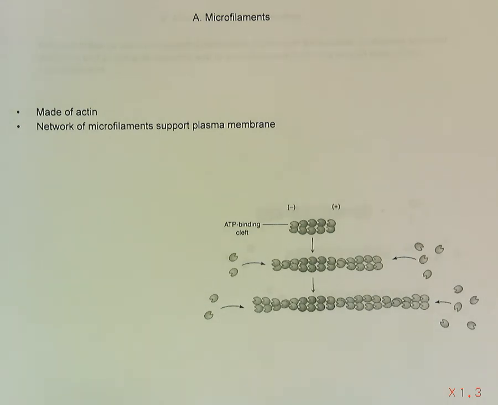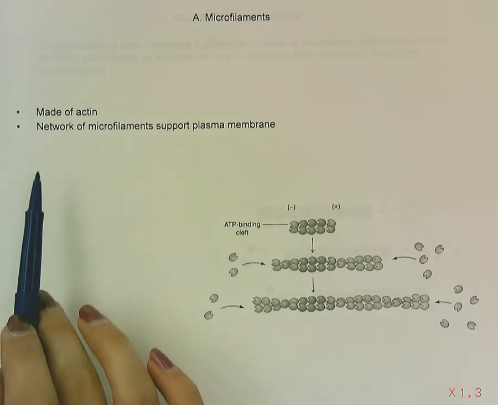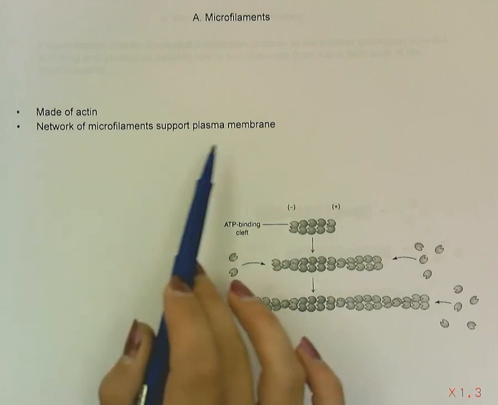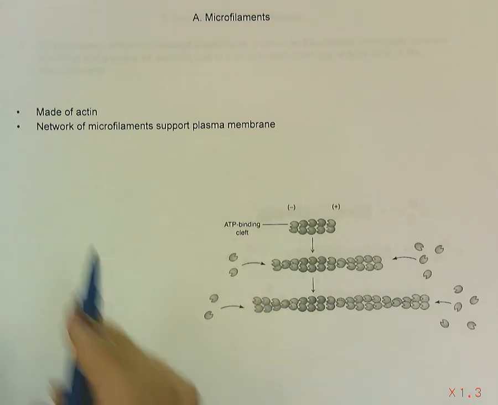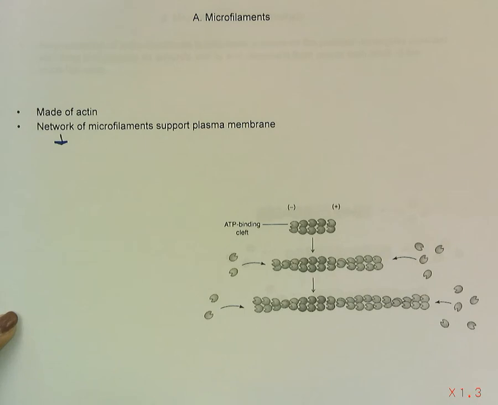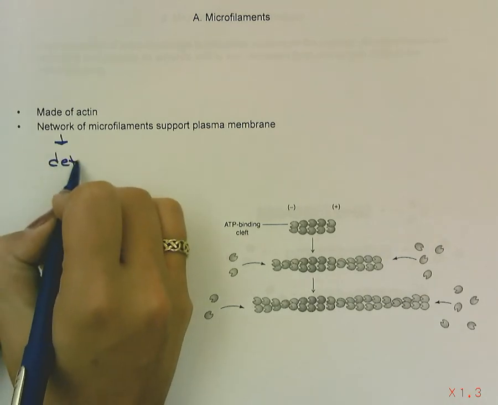Microfilaments are made of actin. You use them in your cells as a network of microfilaments and specifically to support plasma membranes. This network of microfilaments determines cell shape.